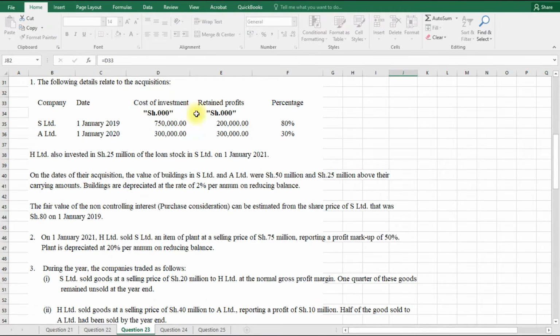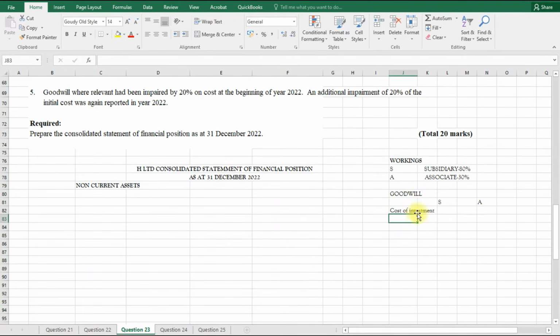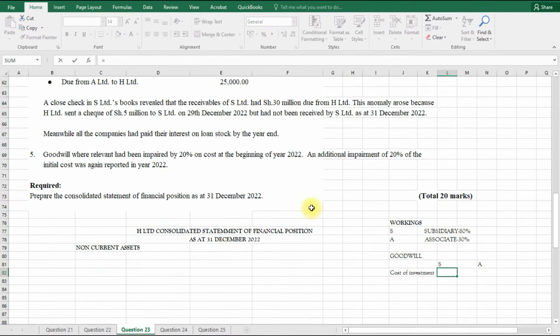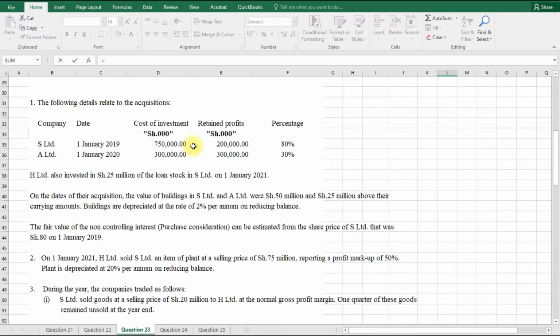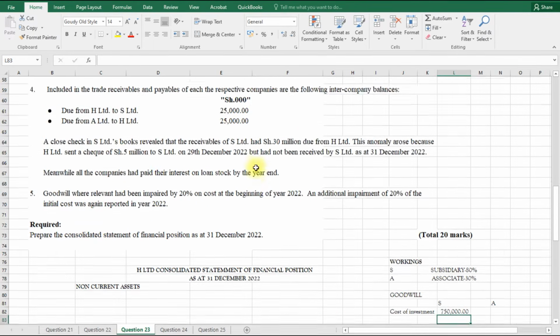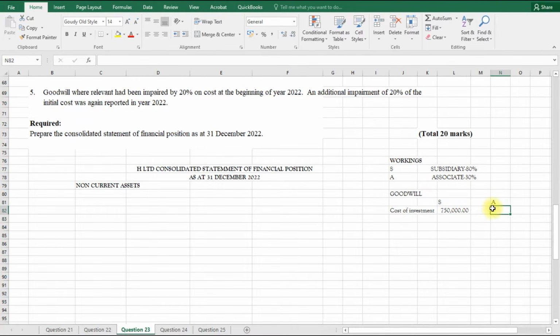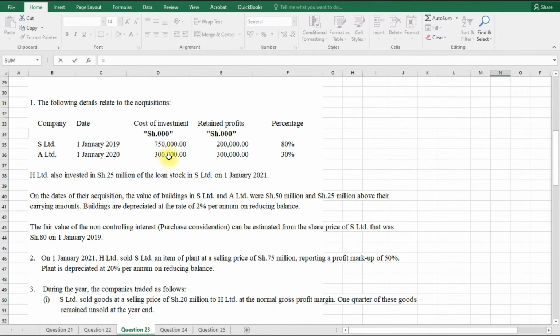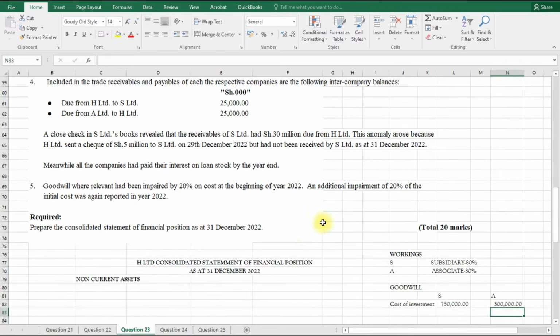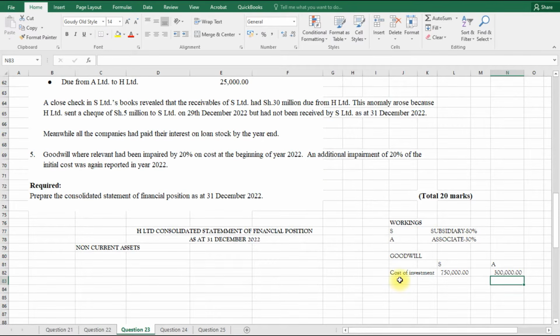This one is our cost of investment. So for S, it was 750, and for A, the value was 300. Enter. That is our cost of investment.